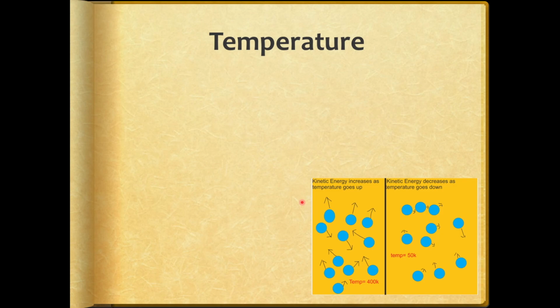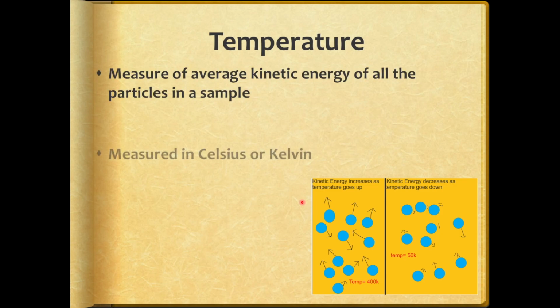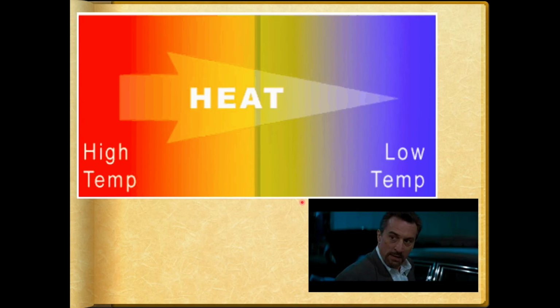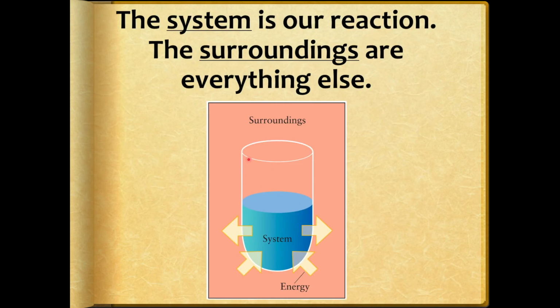Okay, so temperature, which is an intensive property, is the measure of the average kinetic energy, usually measured in Celsius or Kelvin. And then there is something called heat. Temperature and heat are different things. All right? So I'm telling you this to tell you this part. Heat is talking about the heat going into a system or out of a system.